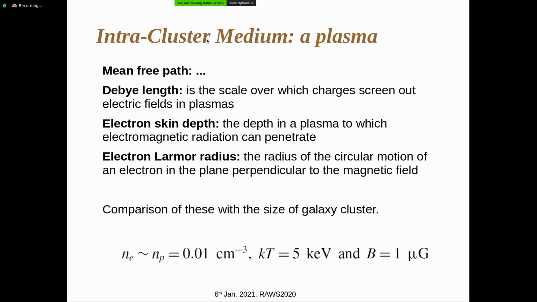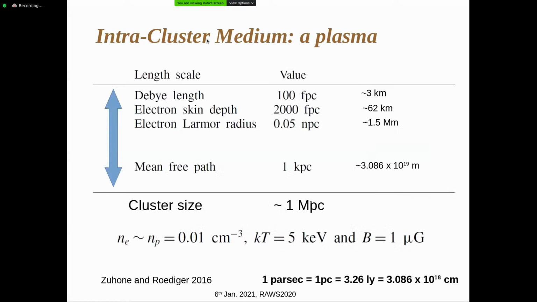And because this is a plasma, there are some other important properties like the Debye length and the electron skin depth. In the context of synchrotron radiation, or when there are charged particles moving in magnetic fields, there is the Larmor radius. So what we find for a plasma with these properties is the mean free path.